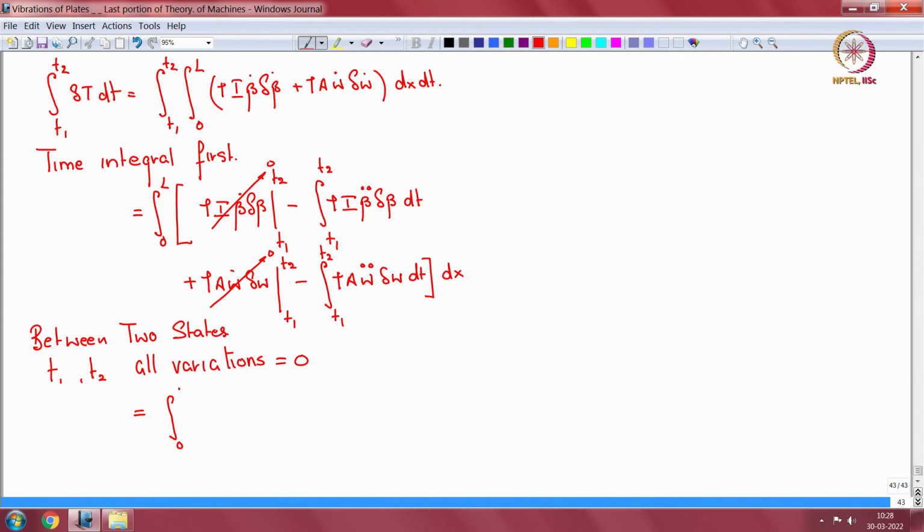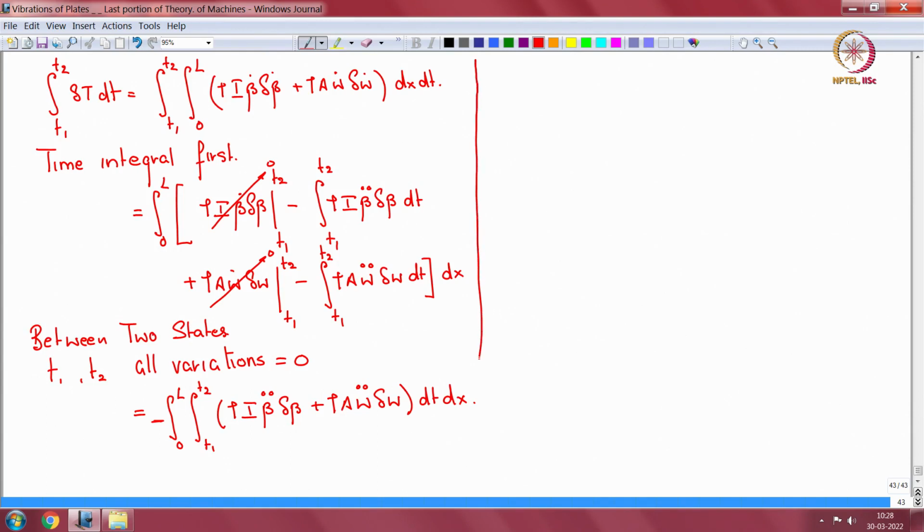So we are left with integral 0 to L, integral t1 to t2, put a minus here, rho I beta double dot delta beta plus rho A W double dot delta W, dt dx. Now we will combine both.